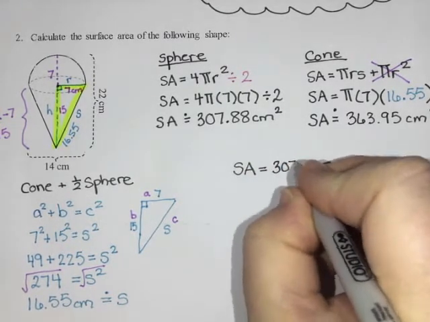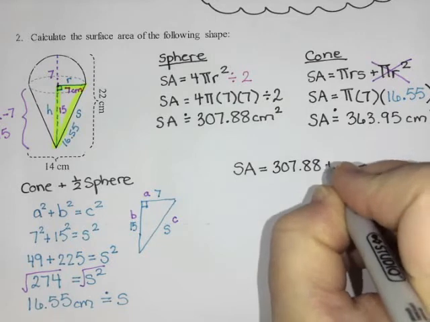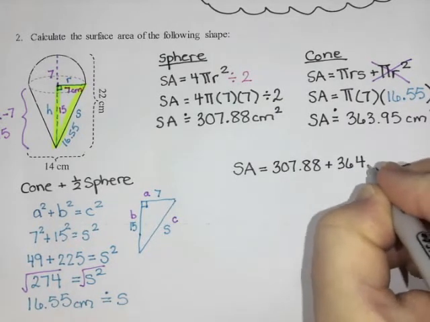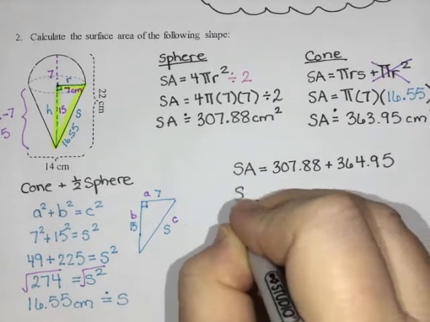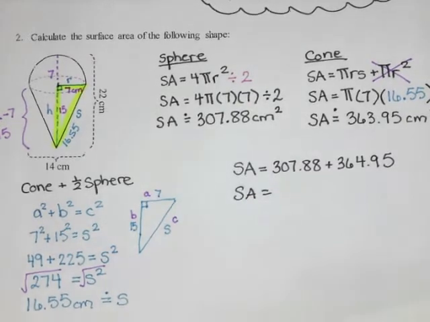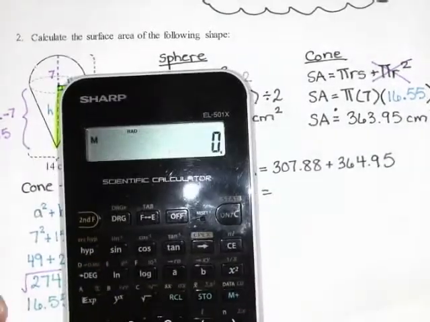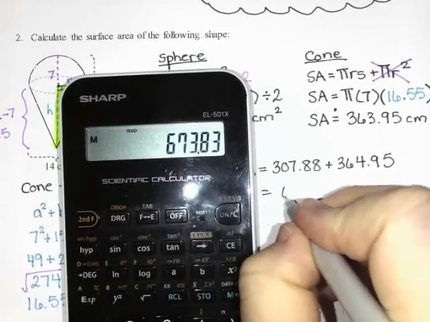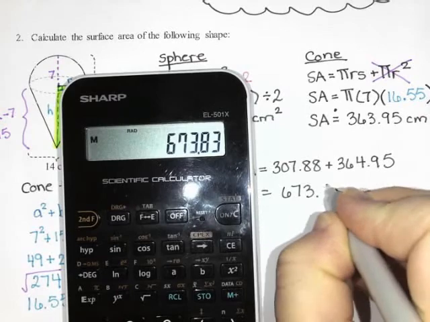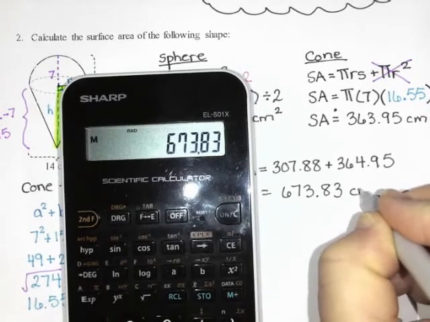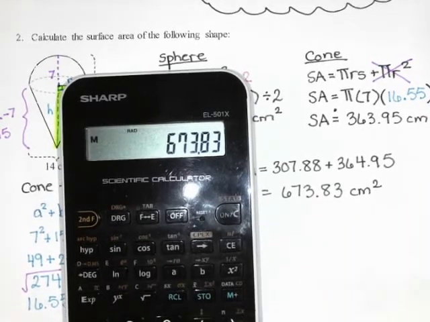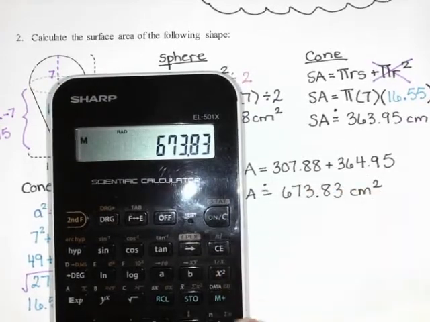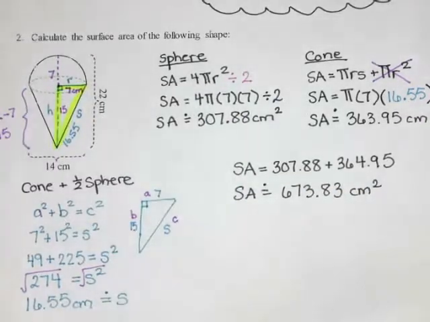So 307.88 plus 364.95 gives me a grand total, let's see, 307.88 plus 364.95. I get 673.83 centimeters squared. And since I rounded the answers it took to get this, I probably should put a little dot that says that that's just an approximate answer.